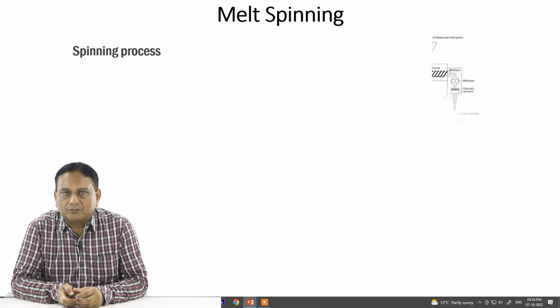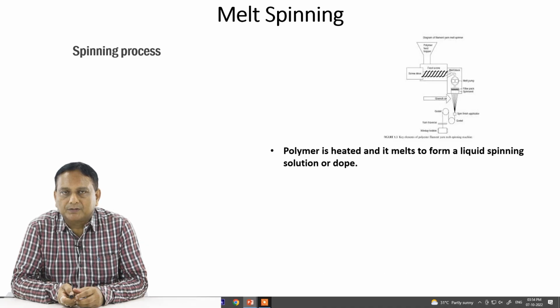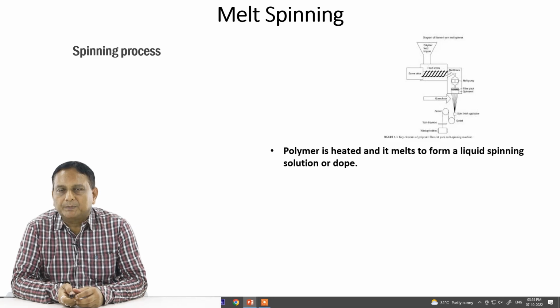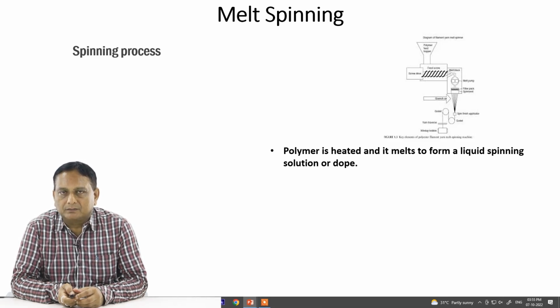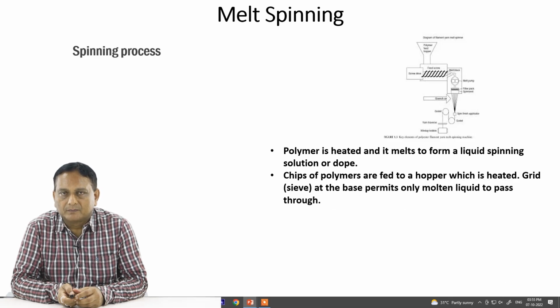Now in the spinning process, what happens, as is shown here in the picture, the polymer is in chip form. The polymer is heated, and during the heating process it melts, and after melting it forms a liquid spinning solution, and that solution is sometimes called a dope in these melt spinning operations.